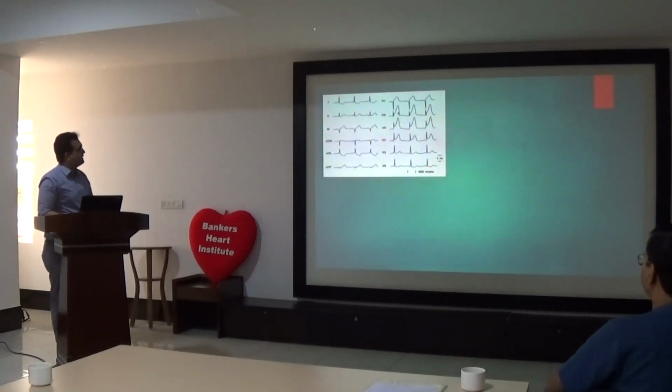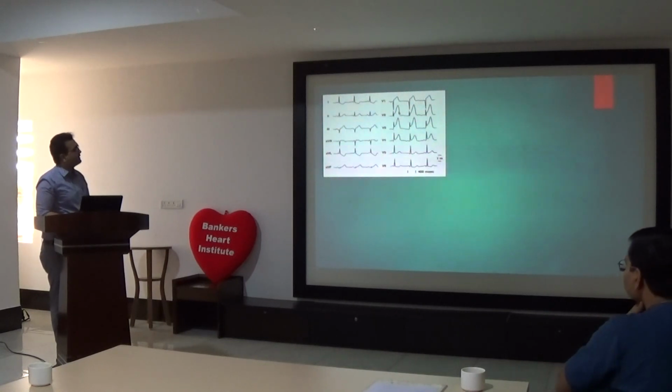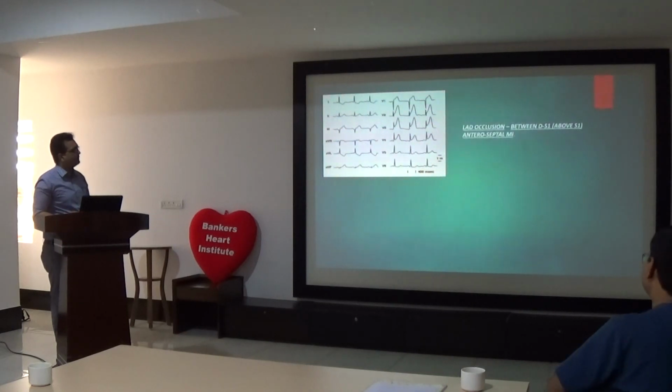Now in this ECG again there is ST elevation seen in leads V1, V2, V3, V4. In leads 1 and AVL there is significant ST depression. So the lesion has to be between D1 and S1, that is above S1, leading to anteroseptal involvement.